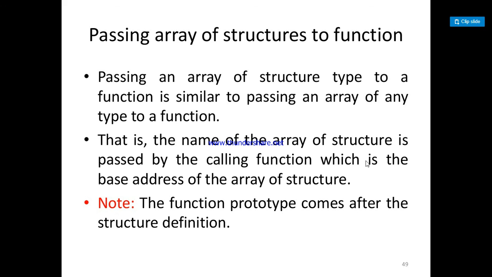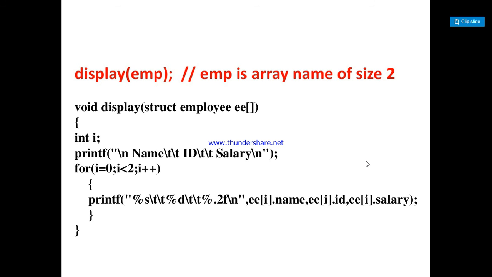Passing array of structures to the function. Passing an array of structure type to the function is similar to passing an array of any type to the function. The name of the array of structure is passed by the calling function, which is the base address of the array of the structure. This is the example.